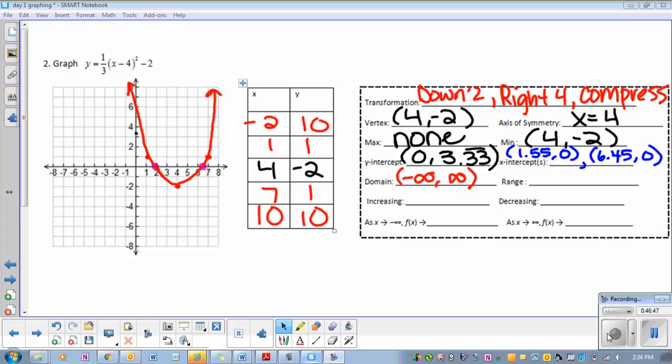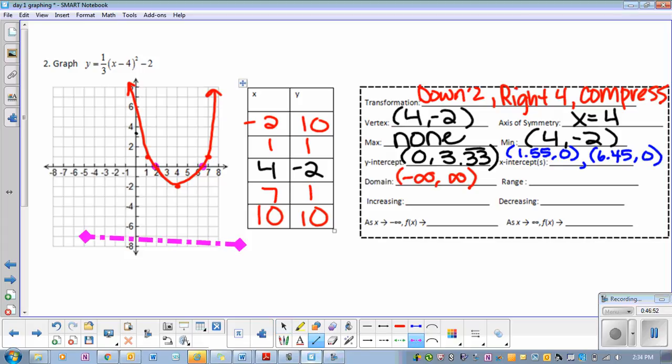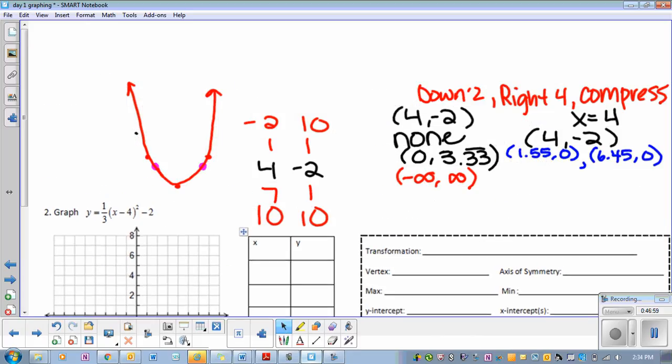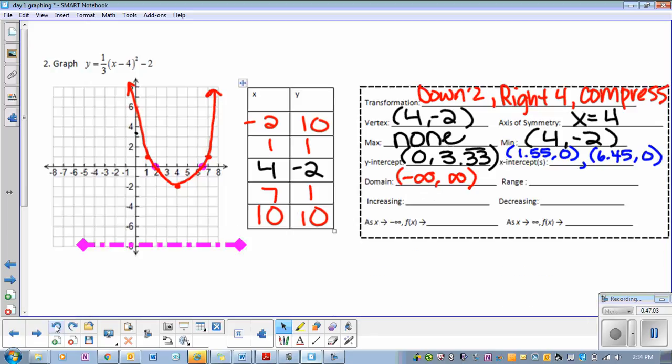Alright, so what about the range then? Let's talk about this range. Remember, it starts from the bottom to the top. But it looks like my graph doesn't even start. Where'd it go? Okay, there we go. It looks like it doesn't even start until where? -2.